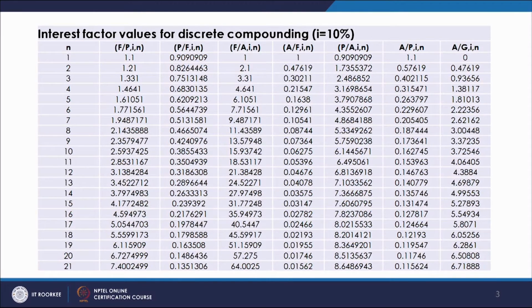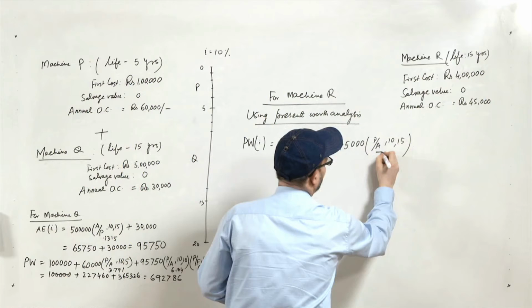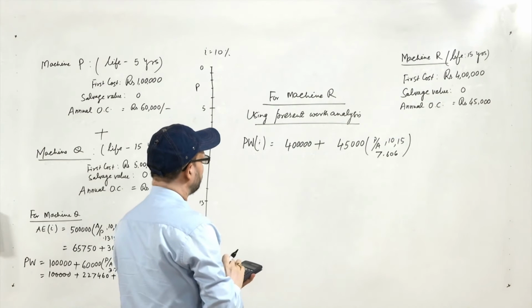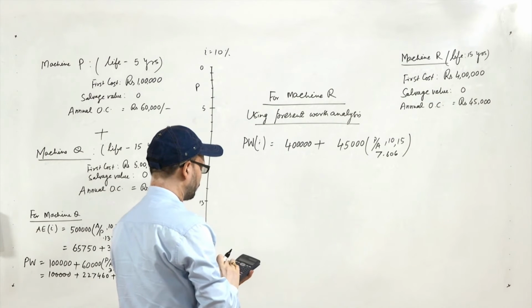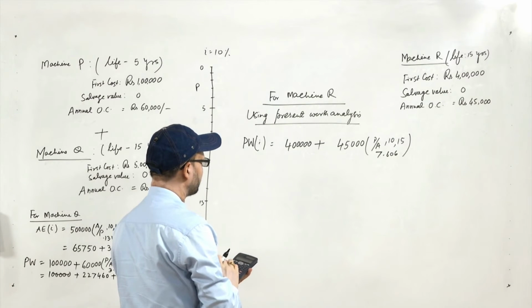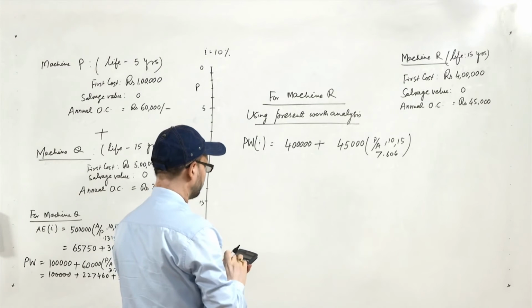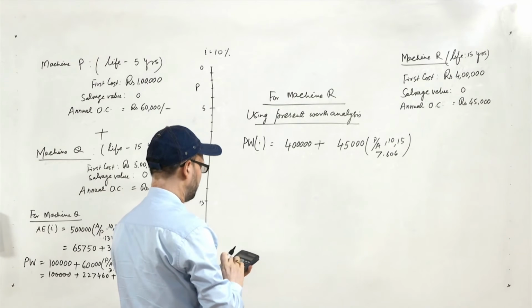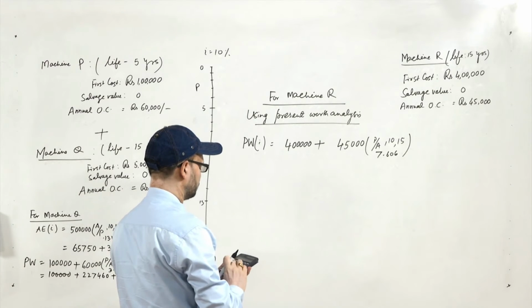So, we will add 4 lakh plus 45,000 multiplied by 7.606.